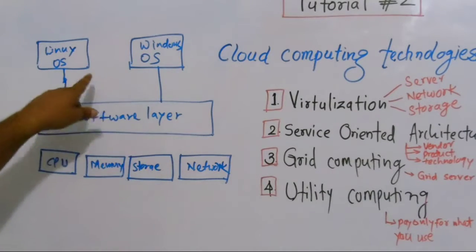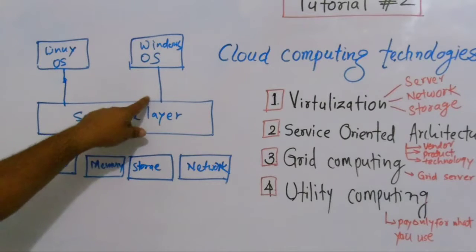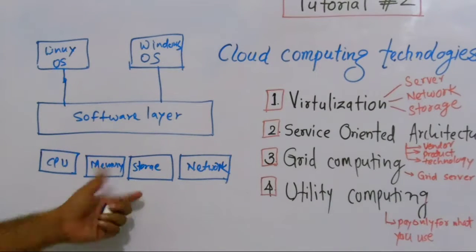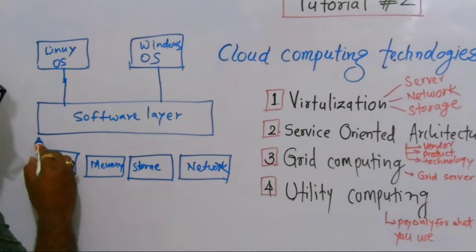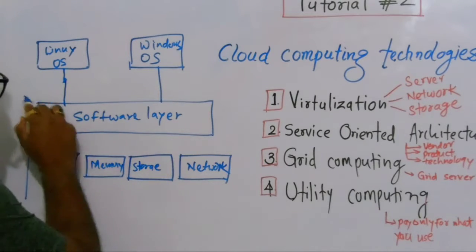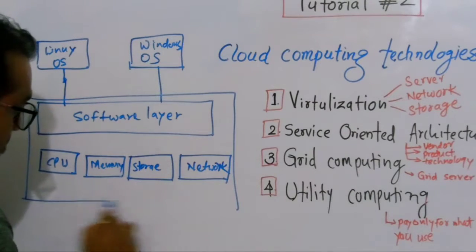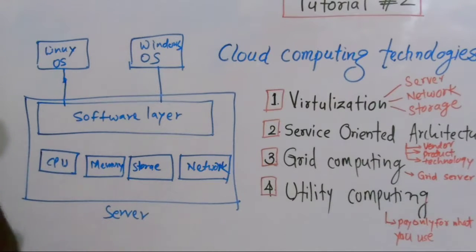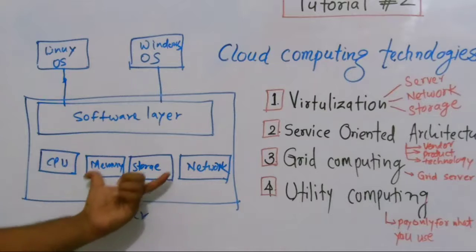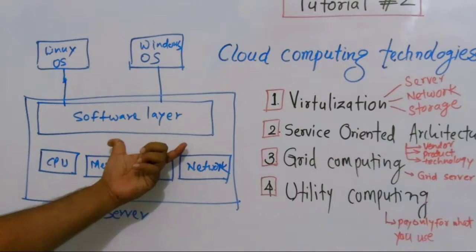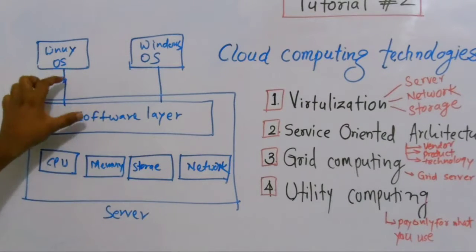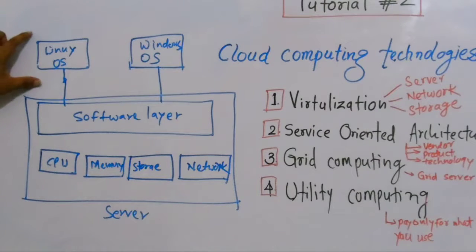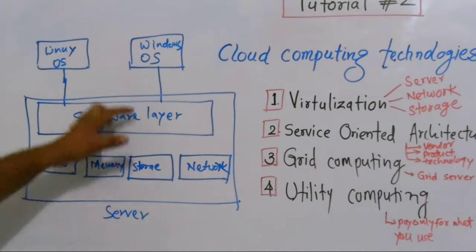So here, say, it's a Linux and a Windows operating system on one physical server. This physical server has one software layer, which we call a hypervisor, and on top of that hypervisor we install guest operating systems, Linux and Windows.